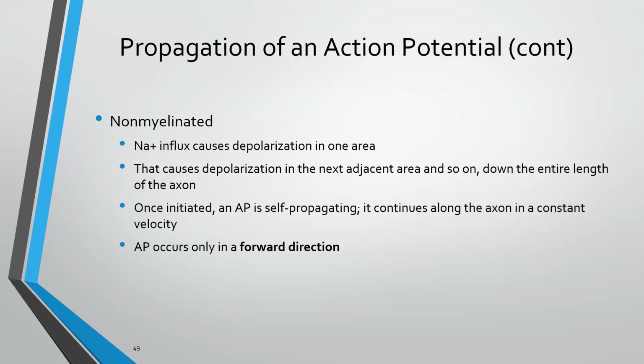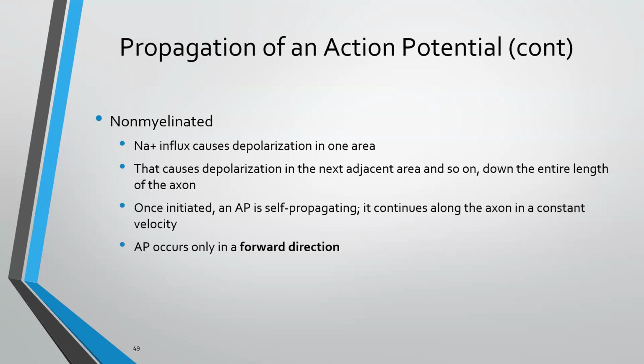All right, so here we have our non-myelinated axon. This is when the sodium influx causes depolarization in one area, and then that depolarization causes depolarization in the next adjacent area, and it goes all the way down, causing that cascading chain reaction all the way down the axon.